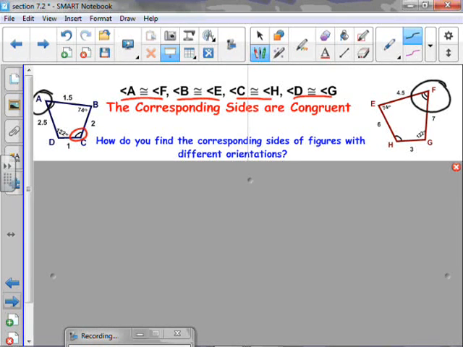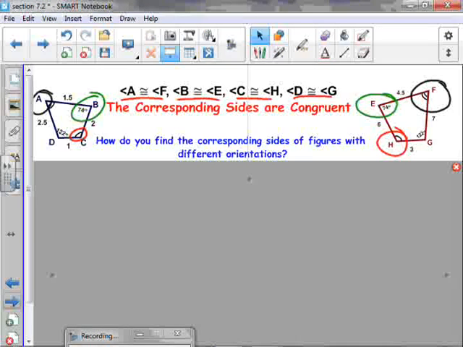Okay? B, which corresponded to E, are both 74 degrees. C, which corresponded to H, both have the single angle mark, and D, which corresponded to G, both have the same measure of degrees. So we are good on that, and we just have to figure out whether or not these two figures have sides that are proportional. Okay?